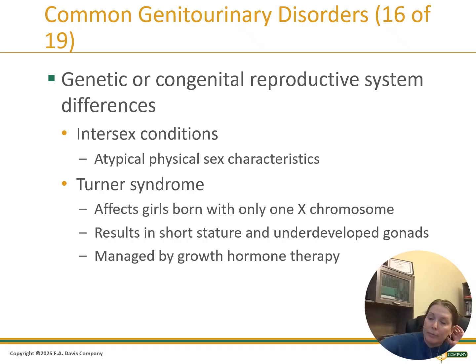Okay, so we have a couple of the genetic or congenital reproductive system differences. So intersex condition, this is going to be atypical physical sex characteristics. So there are variations where an individual is born with atypical sex characteristics, so chromosomes, gonads, and genitalia that typically don't fit typical male to female definitions.